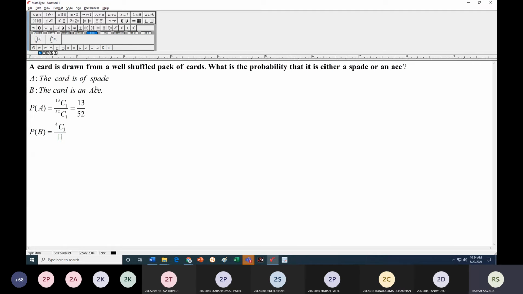And the total number of cards is 52. You are going to select one card out of 52, so the total number of possible outcomes is 52C1. Any doubt? The probability of getting event B is 4 over 52 up to this line. Any doubt?